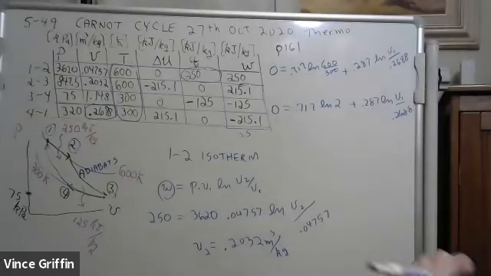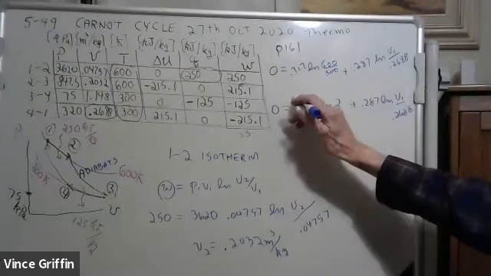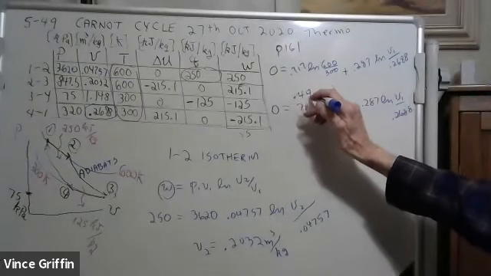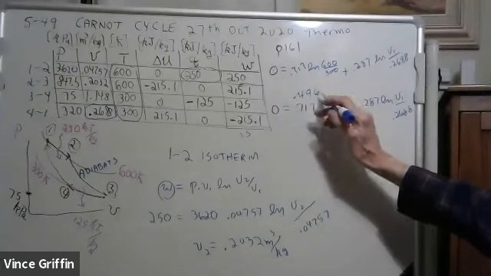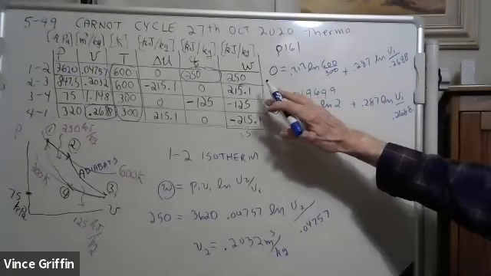Now I'm going to do this on my calculator. 0.717 times the natural log of 2 is equal to 0.49699, and so on.